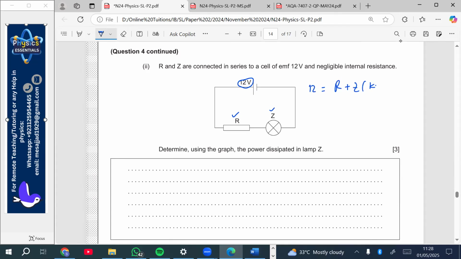According to Kirchhoff's voltage law. So you have to find a combination from the graph where the voltage of R and the voltage of Z add up to 12.